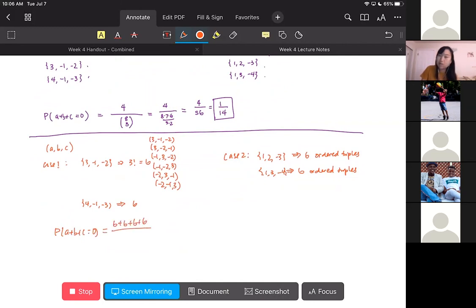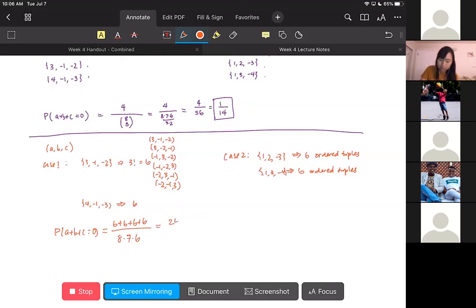But then at the bottom, we also need to take into account the fact that the order matters. So if we're picking 3 numbers and we care about which one is A, which one is B, which one is C, then the denominator is going to be 8 times 7 times 6. And so this will give us the same number.